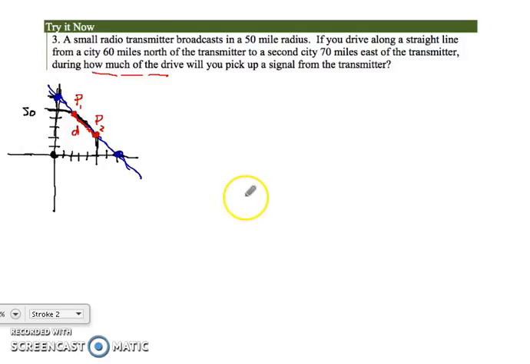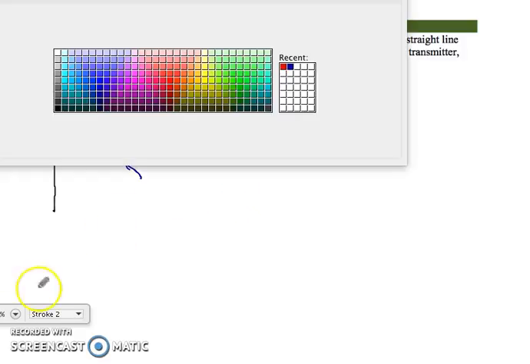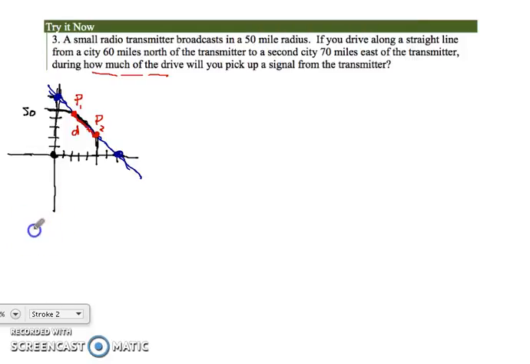But now the question is, how can I find those coordinates? And that is a good question. So what we need to be mindful of here is that these 2 points, point 1 and point 2, lie on both the line and the circle.